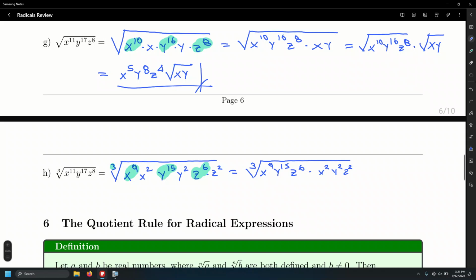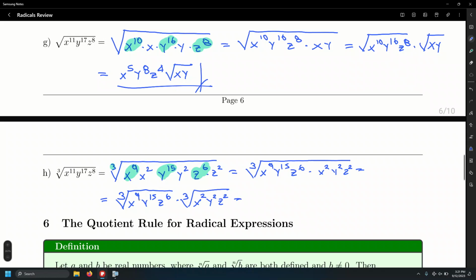All right. So we will break this up as two radicals again. Cube roots of the perfect cubes rather, and that's x squared, y squared, z squared.